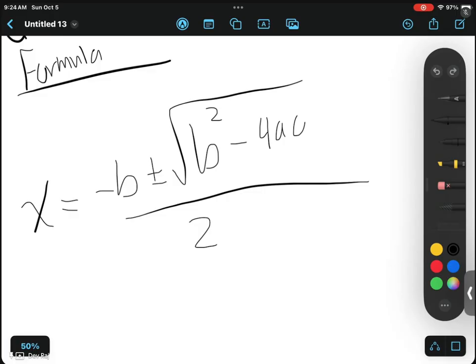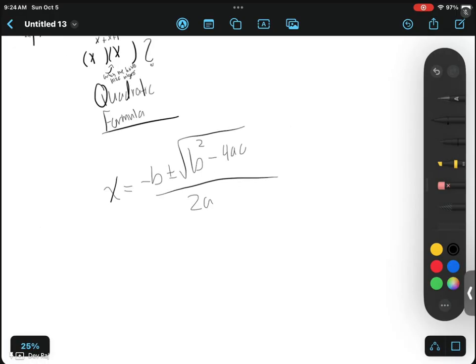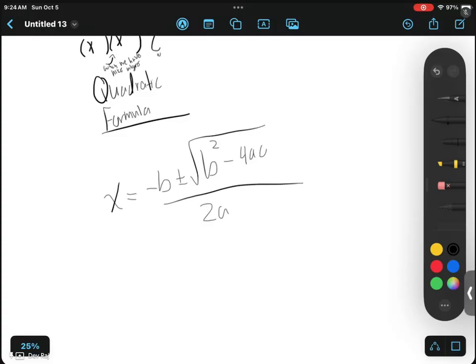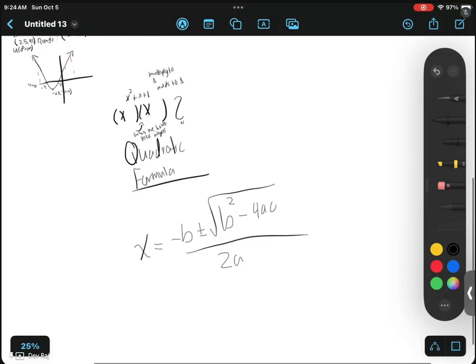And how many of you are familiar with this? Does anybody know this formula? You don't really know this formula? Okay, that's okay. We're here to learn. It's probably better that you don't know, so I can teach it to you.